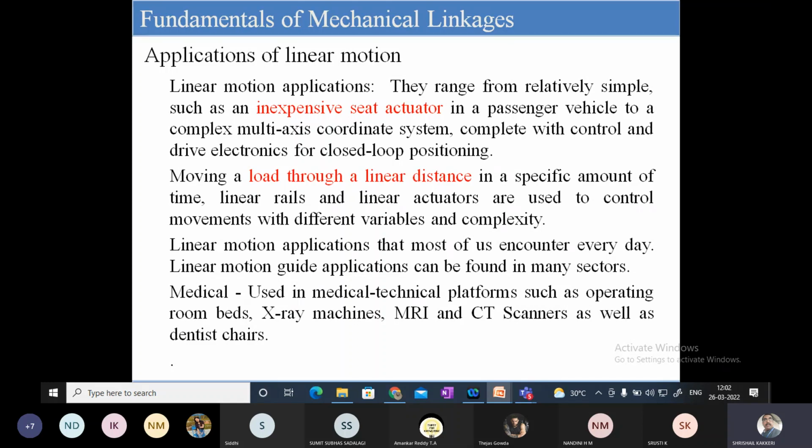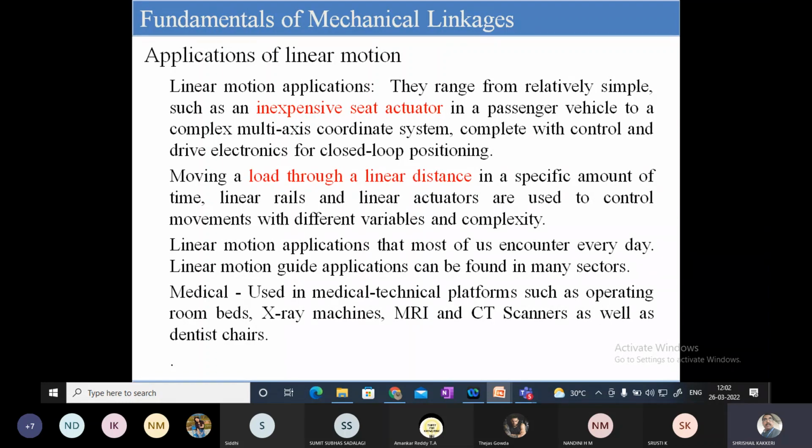Another one, you can find is the loading through linear distance. That means for the loading and unloading of the systems, we will be using the linear mechanisms. Apart from this, you can find linear motions in many other sectors, and most of the important applications we can find in the medical field. In medical applications, for the bed arrangements, the X-ray machines, the scanners, linear motion mechanisms will be used.